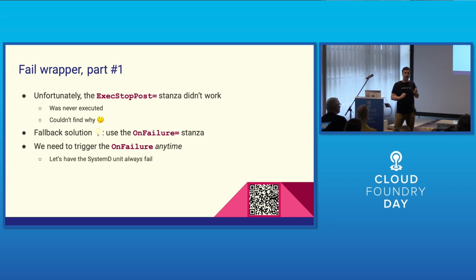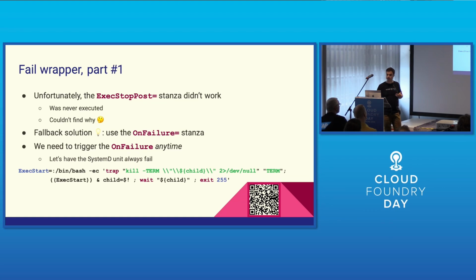So let's have systemd fail always. That was the idea. So this one is just forwarding the terminate signal whenever systemd tells containerd to stop. It waits for containerd and exits with a 255 error code any time.